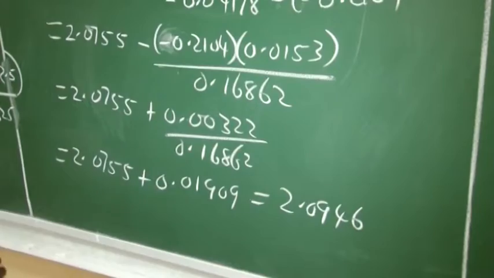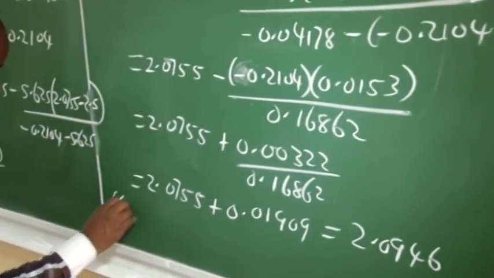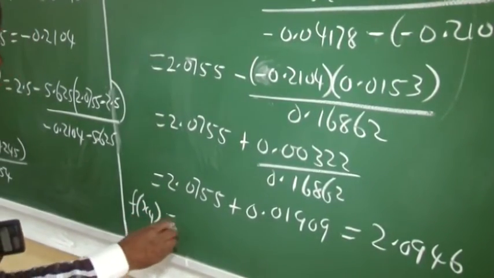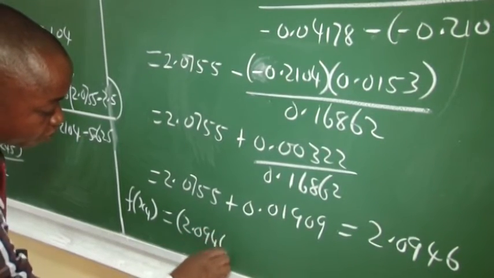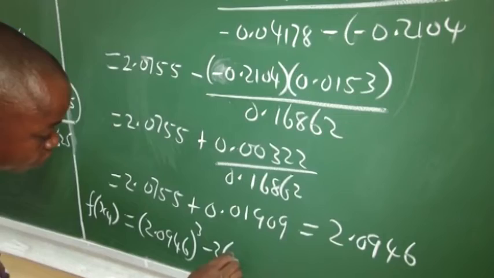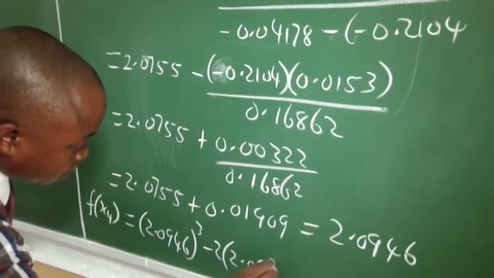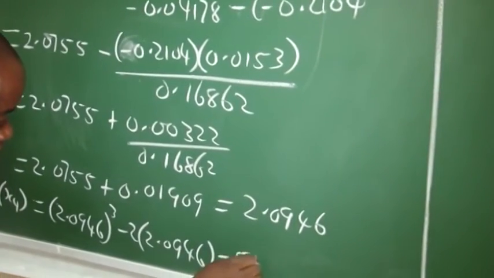Now we'll look for f of x4. f of x4 gives us 2.0946 cubed minus 2 times 2.0946 minus 5.